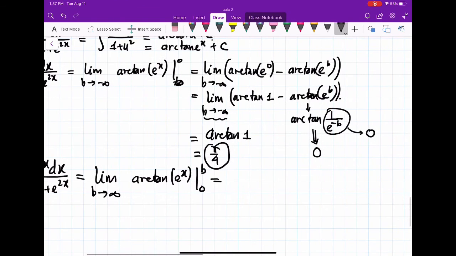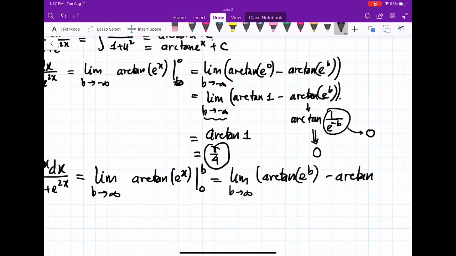So I can write that as the limit when b approaches infinity of arctangent of e to the b minus arctangent of 1, right? Because it's 0, so I have arctangent of 1. All right, we know arctangent of 1 is pi over 4, right? So minus pi over 4.